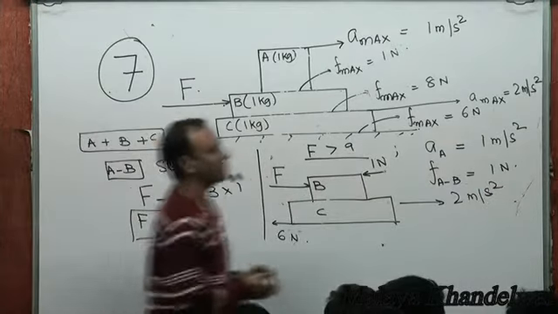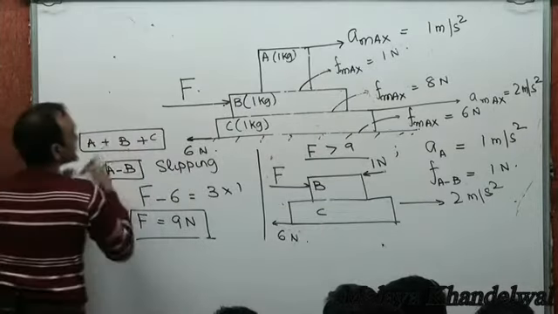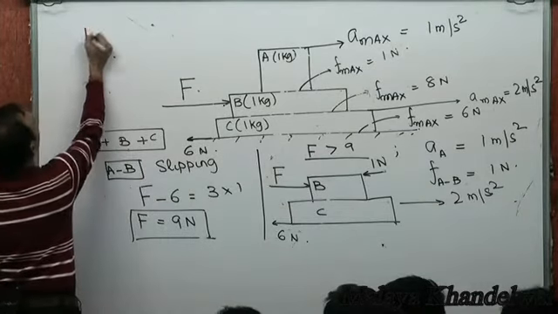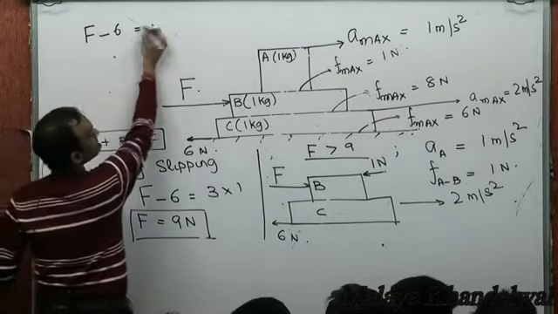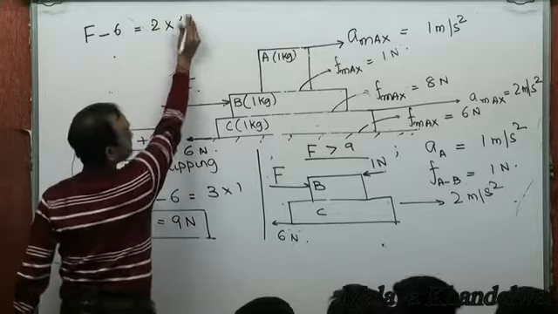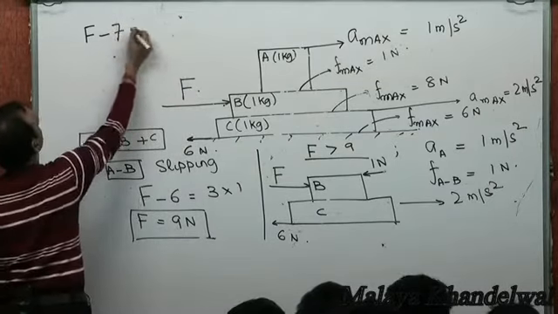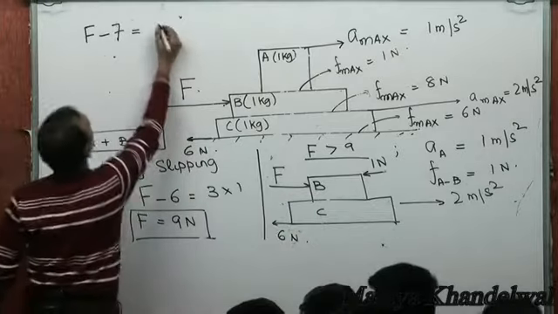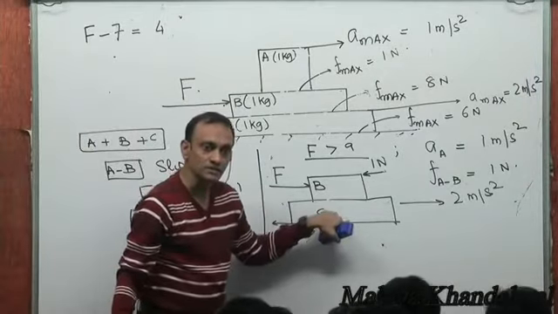squared, right? And very clearly, this state is like F minus 6 is total mass 2 kgs into 2. F minus 7, right? It's minus 6 minus 1 is 2 into 2, 4. 2 meters per second squared, 2 kgs mass, right?